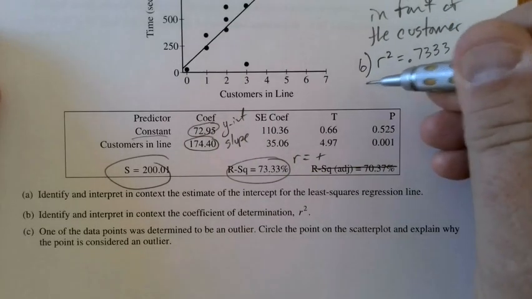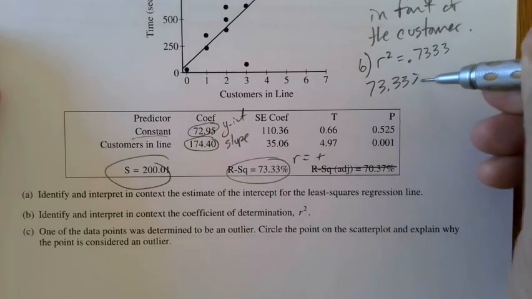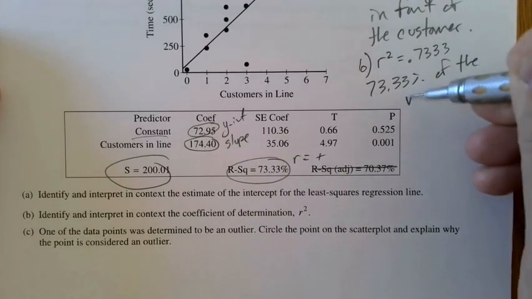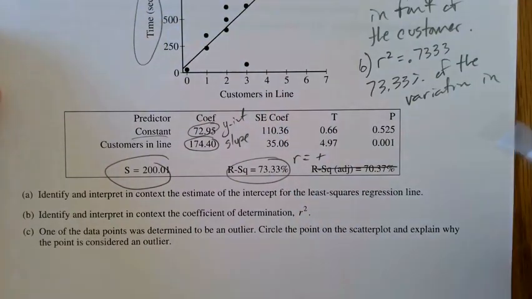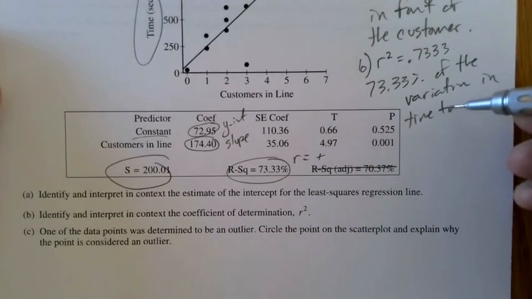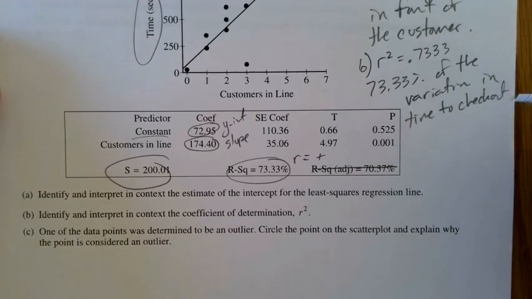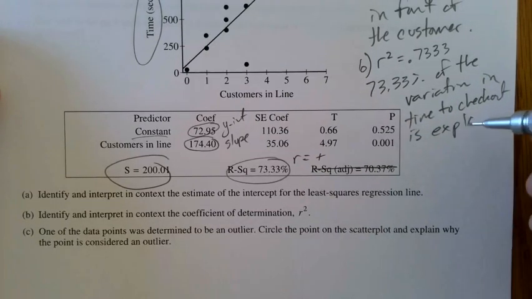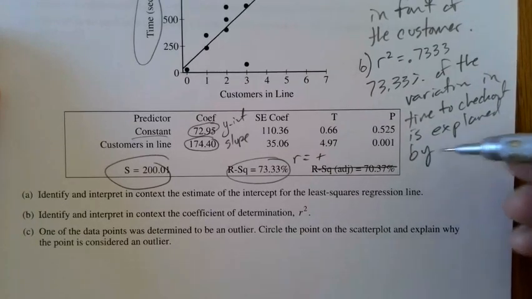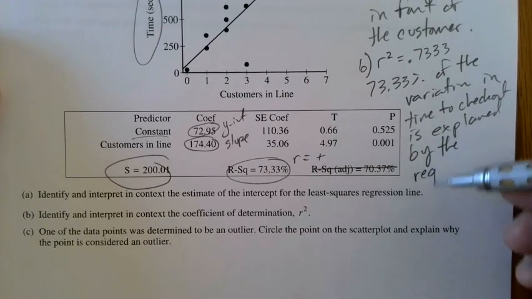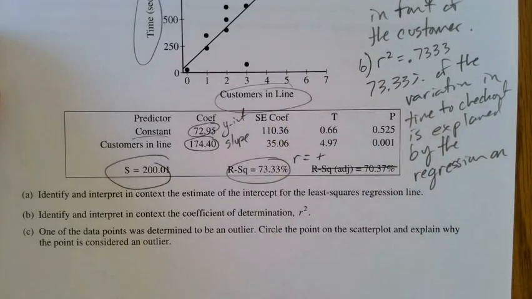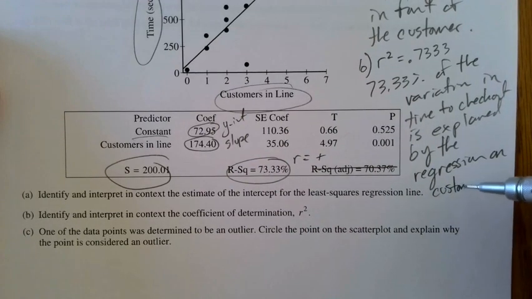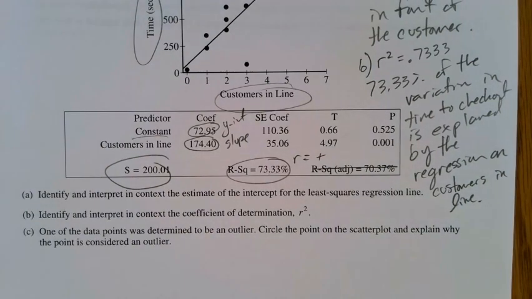What this tells us is that 73.33% of the variation in time to check out is explained by the regression on customers in line, or explained by the relationship.